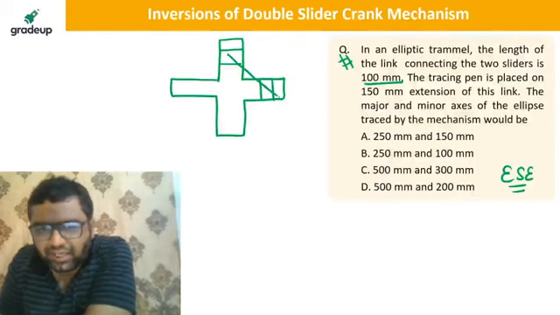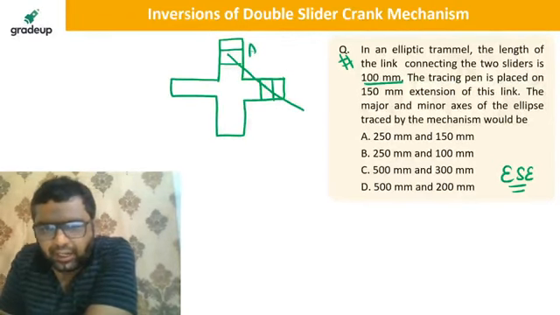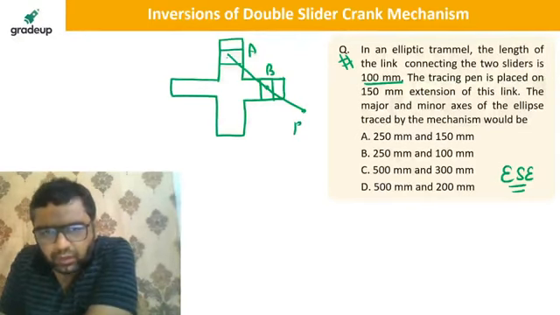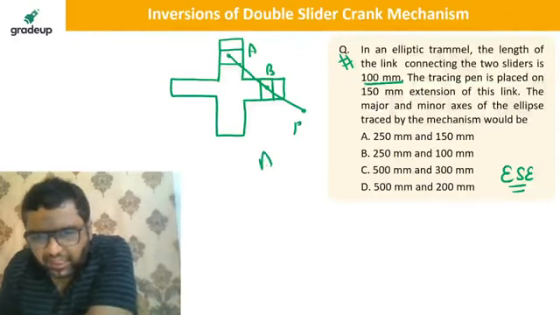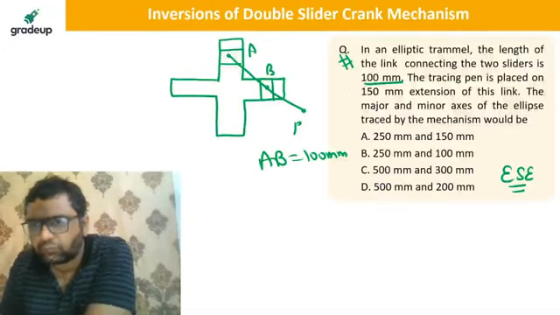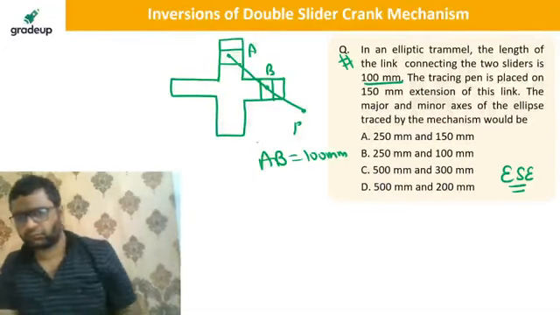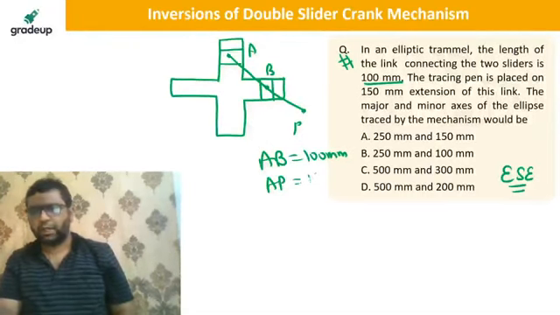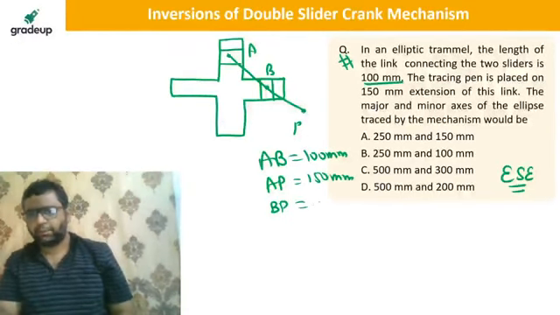So this is the link A, B. This point is P. The given thing suggests that AB is 100 mm.